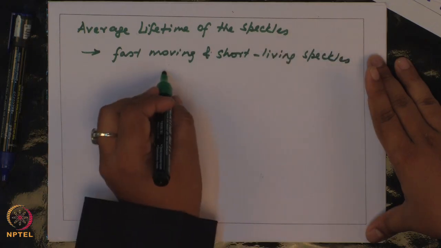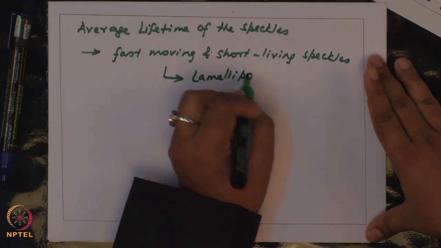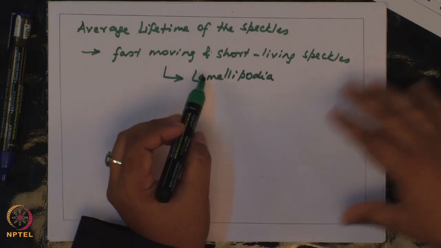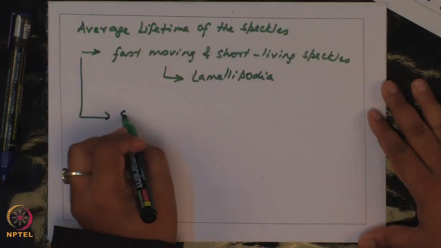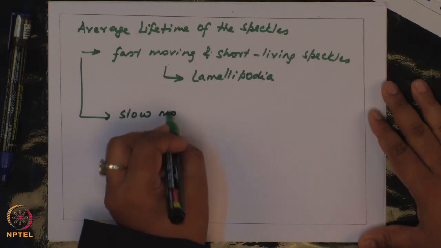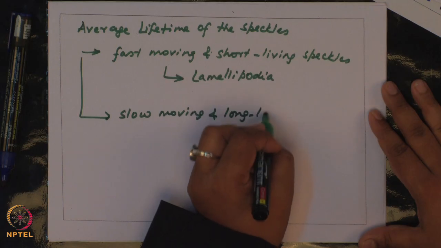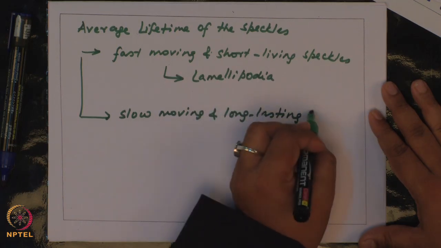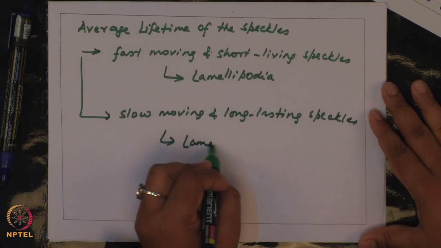These are the speckles which were present in the lamellipodia, and this makes sense because short living would mean that the turnover rate is high. So, the monomers get provided, and they can get added at the leading edge, leading to polymerization. The second class was slow moving and long lasting. These were present in the lamella.